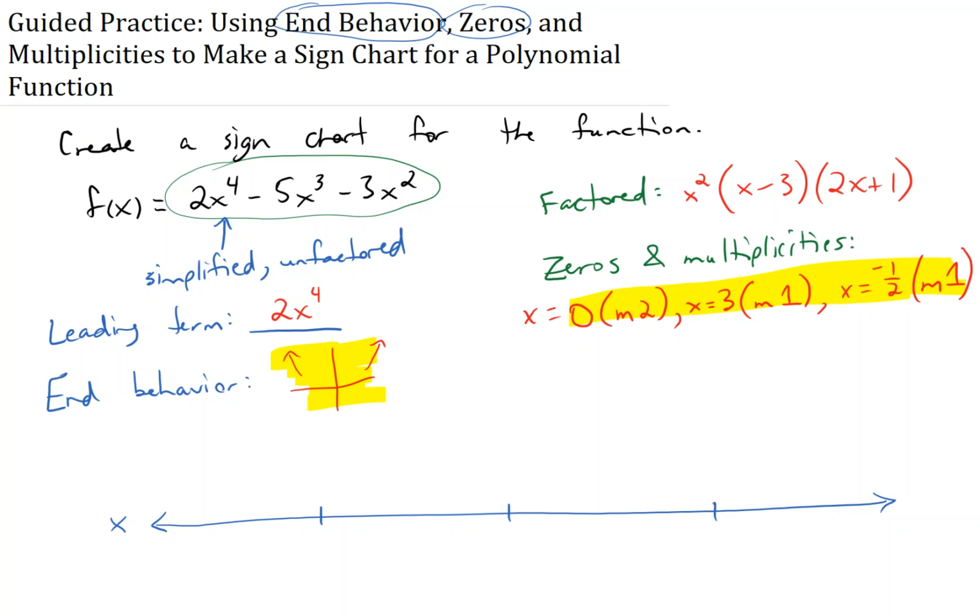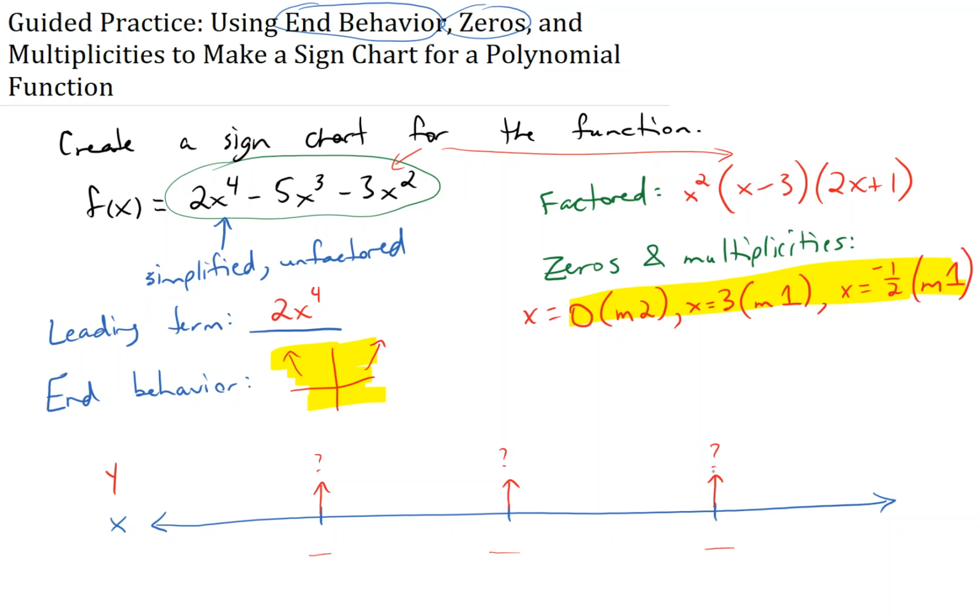Then, once you've got that, above your number line chart, go ahead and write in the y values at those x values. See if you can calculate the y values for those x values. The way to do that is, whatever the x values are you have down here, plug them into the simplified version or the factored version. It doesn't matter because they're both the same function. Plug those x values in and see what you get for y, and then put those numbers up here.